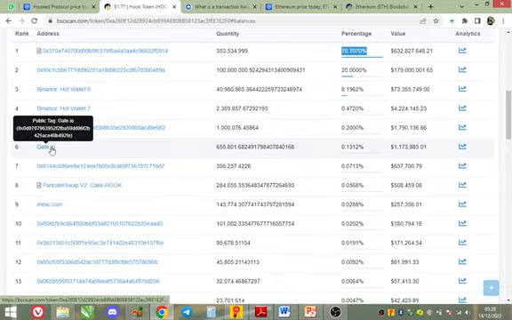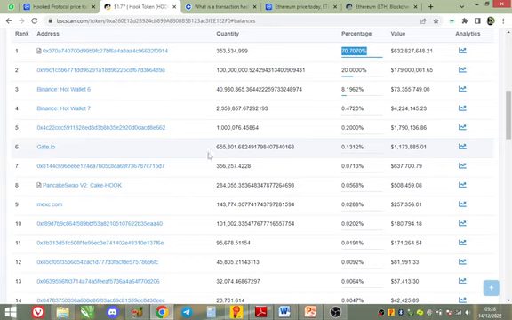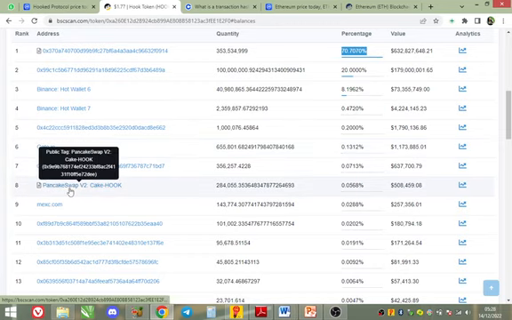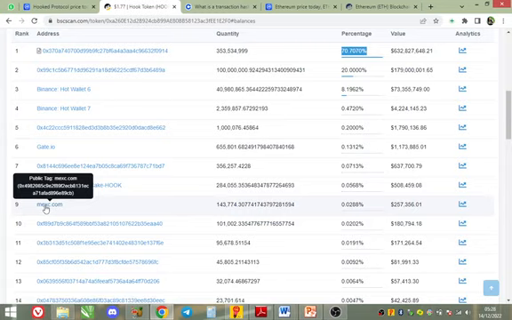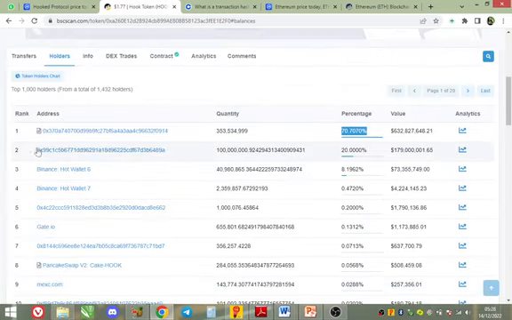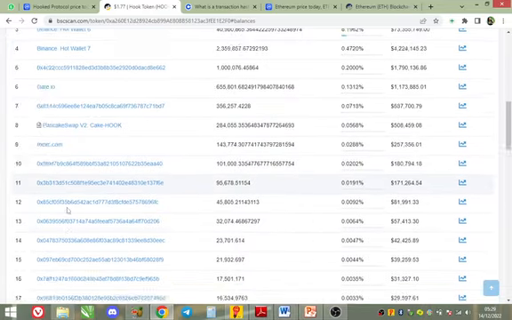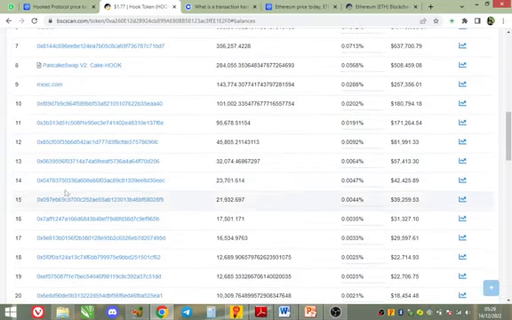This is Gate.io, an exchange that is holding a huge percentage. We also have PancakeSwap and DEX.com holding. These are other addresses of people who did not identify themselves.